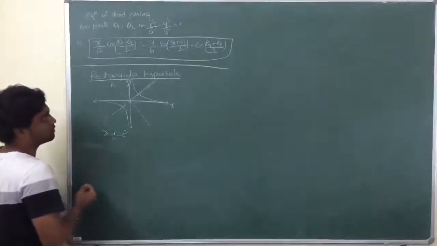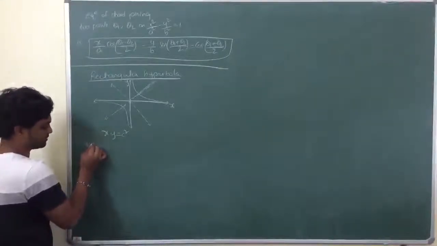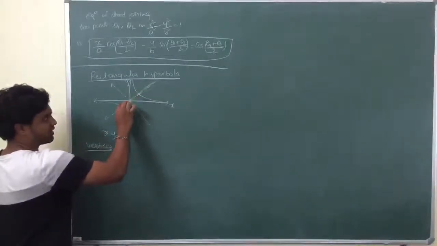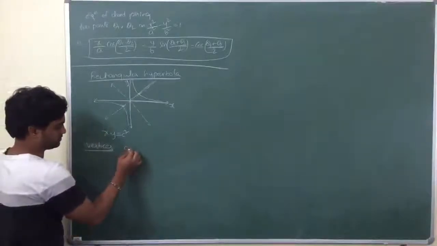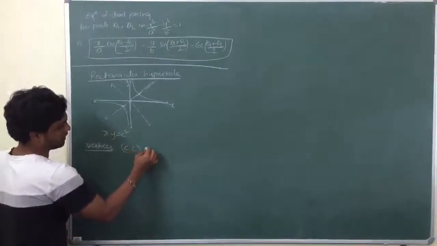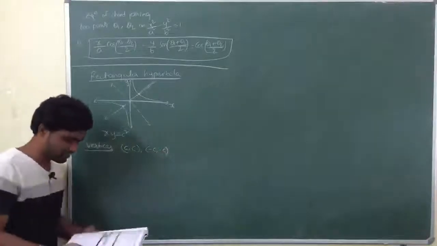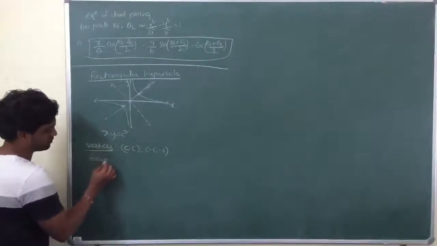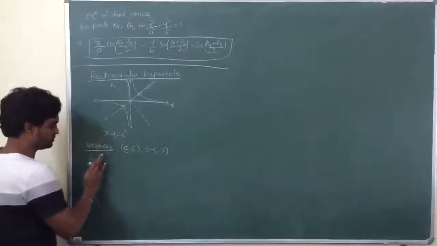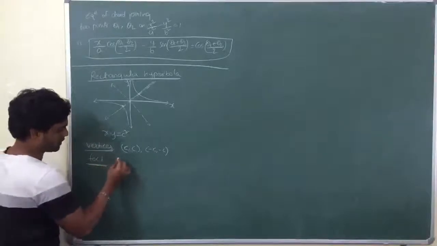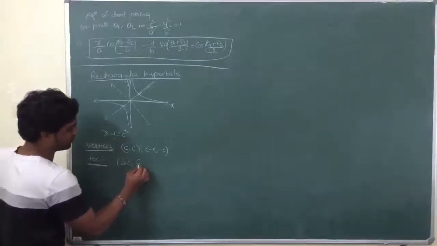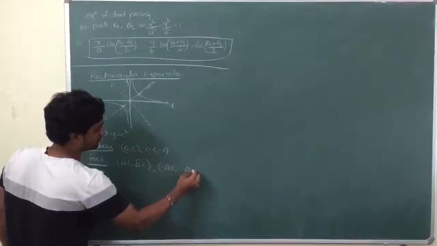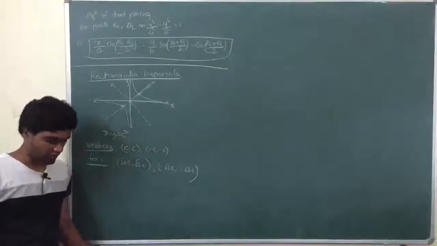Now talking about vertices, one vertex here, other one here: c comma c and minus c comma minus c, those are the vertices. Next, foci: root 2c comma root 2c and minus root 2c comma minus root 2c. Those are the foci.